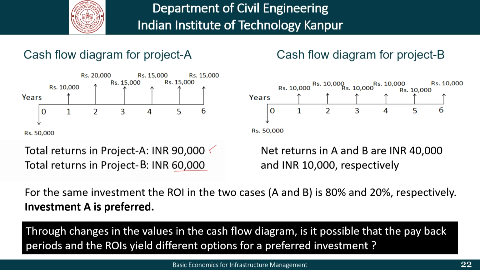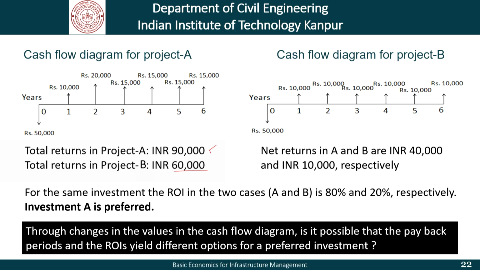And it's an exercise to you. What I'd like you to do is to see if through changes in the values of the cash flow diagram, is it possible that the payback periods and the ROIs or the average ROIs that we've talked about here yield different options for a preferred investment.